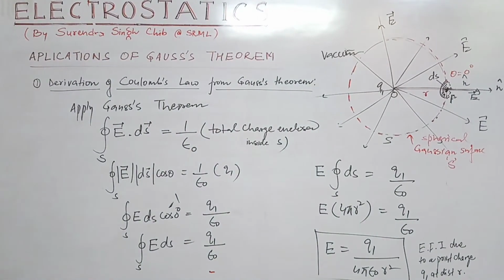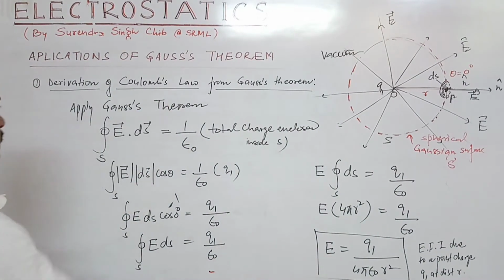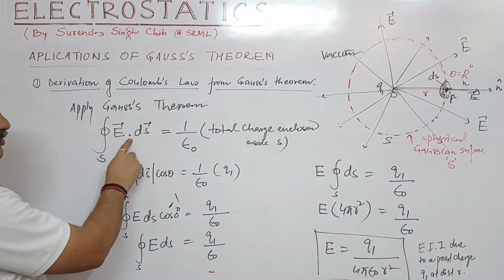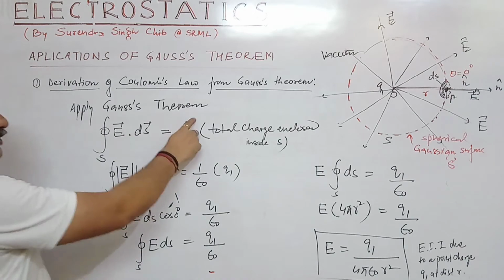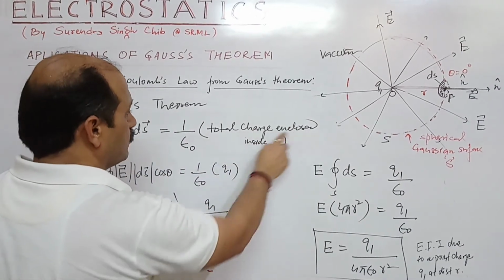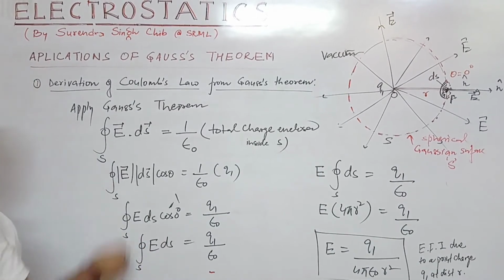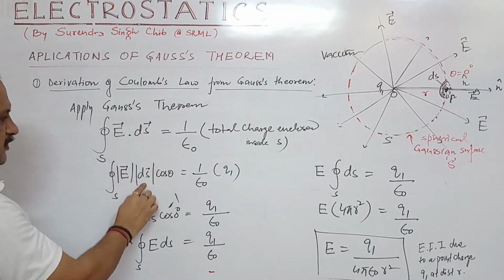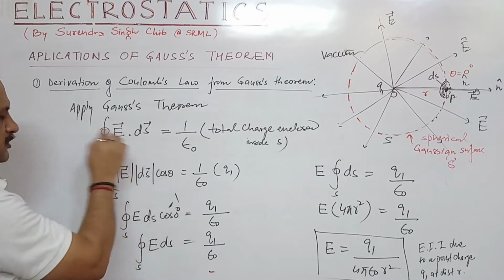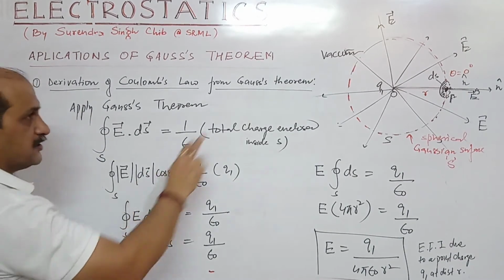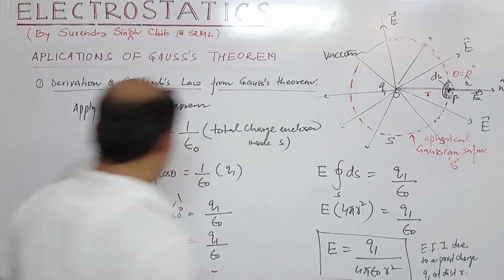See once again, we are applying Gauss's theorem. It's the surface integral of electric field dot ds equals 1 upon epsilon naught times the total charge enclosed inside S. We are doing this side first. E mod of ds cos theta, applying the dot product between E and ds. What is theta in this case? It is 0. And what is cos 0?